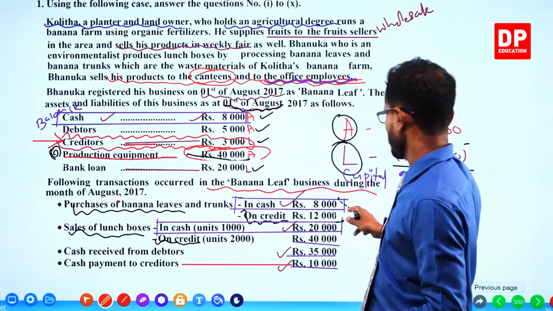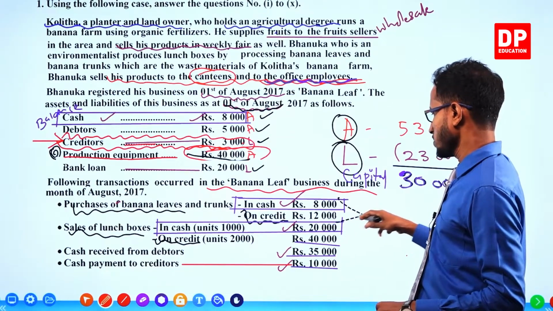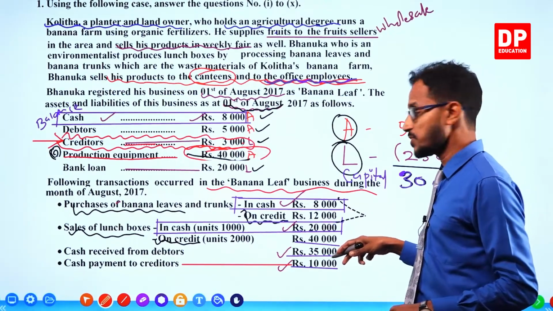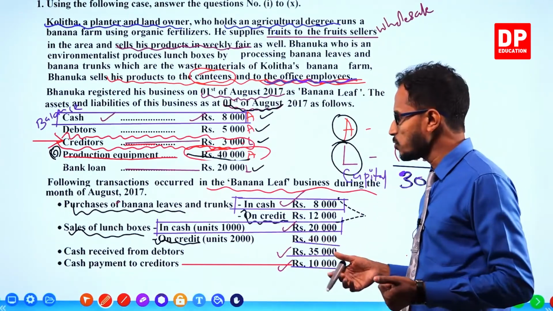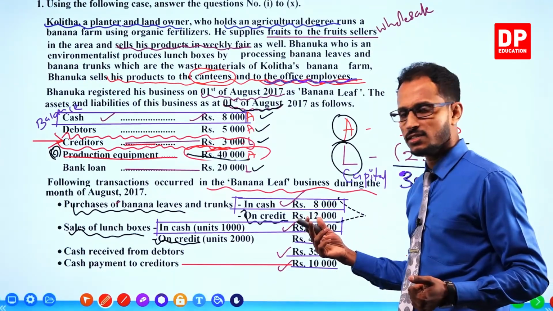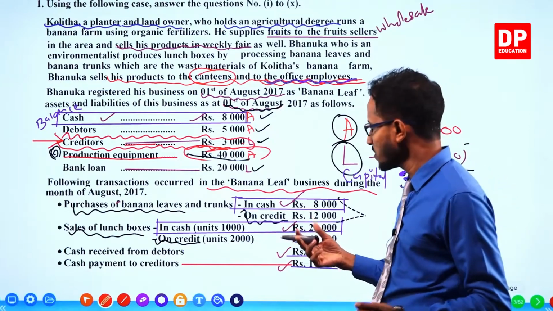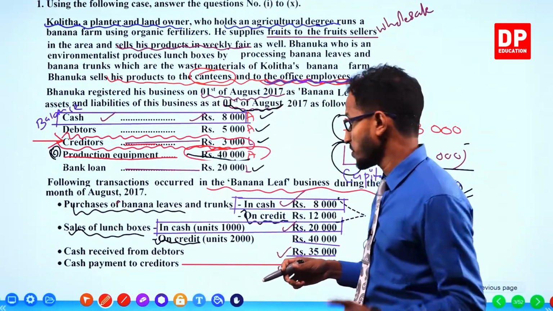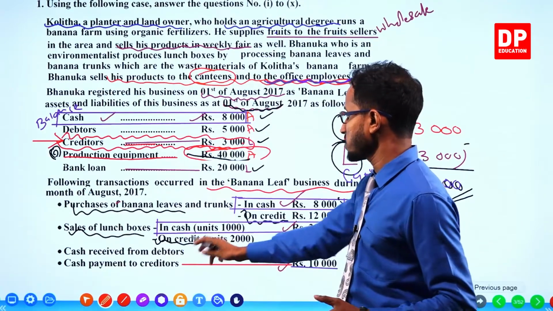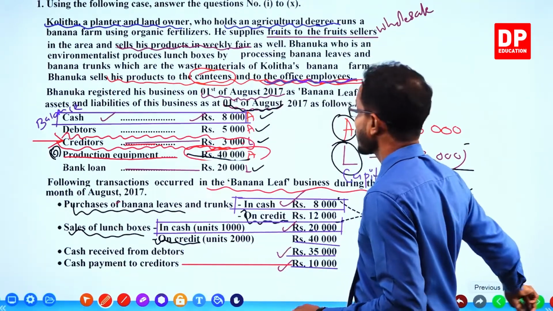We took that, 8 plus 12. Direct materials we took. Selling of lunch boxes we might have to use in the next question, because now we are calculating the cost of producing. So debtors and creditors doesn't matter.